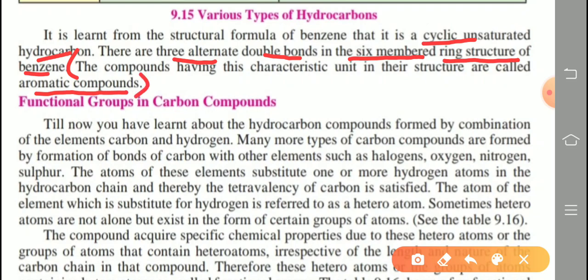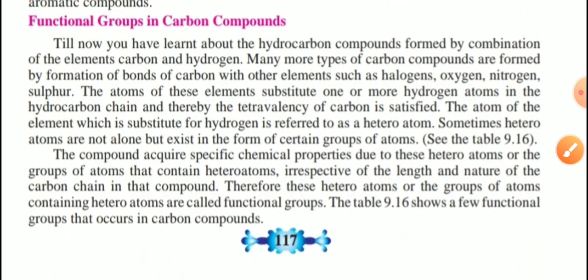The compounds having this characteristic, alternate double bonds in a ring structure of benzene. Clear? So the compounds that have that characteristic unit in their structure are called what? Aromatic compounds. Next point, functional group.